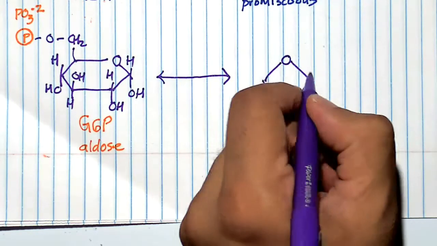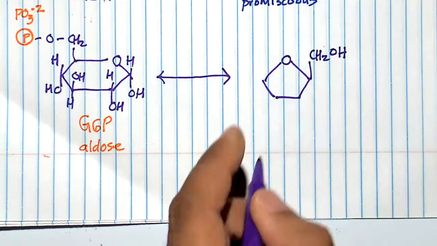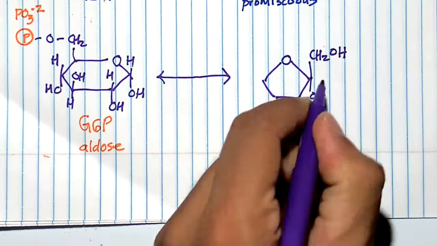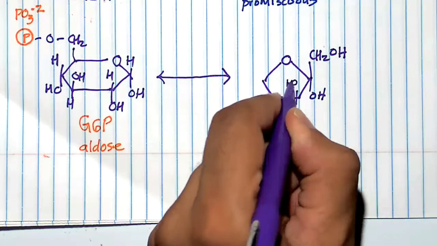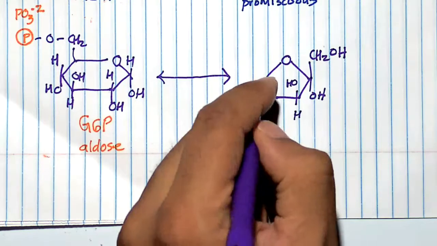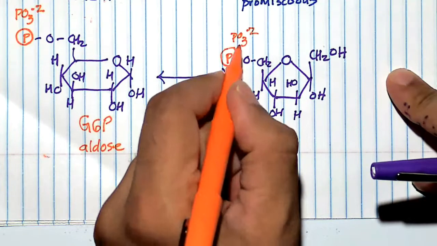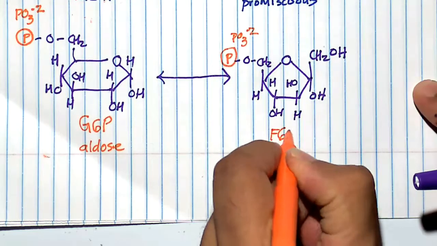This is the ketose form of the sugar, a 6-carbon sugar, and that is called fructose 6-phosphate. So everything else has remained the same. Again, that phosphate in the circle is PO3 minus 2. So this is fructose 6-phosphate.